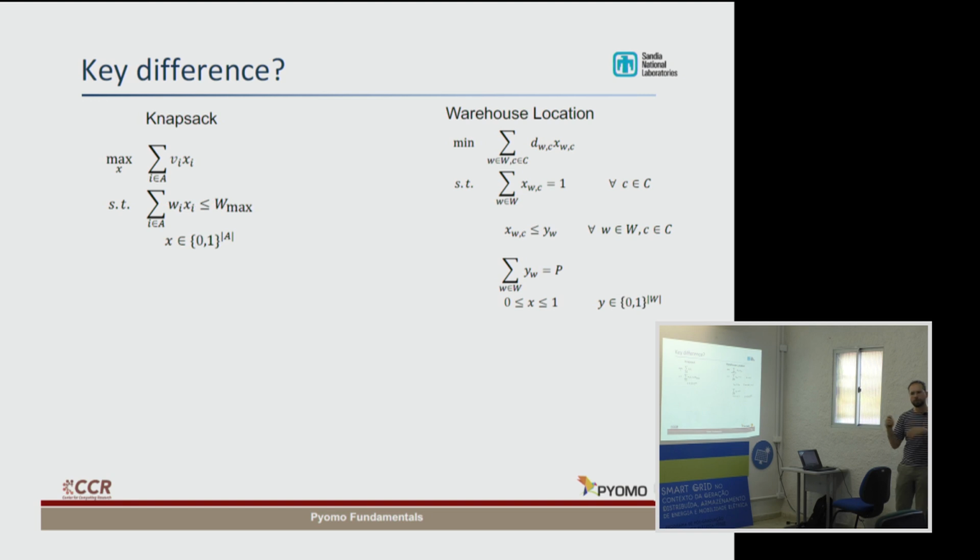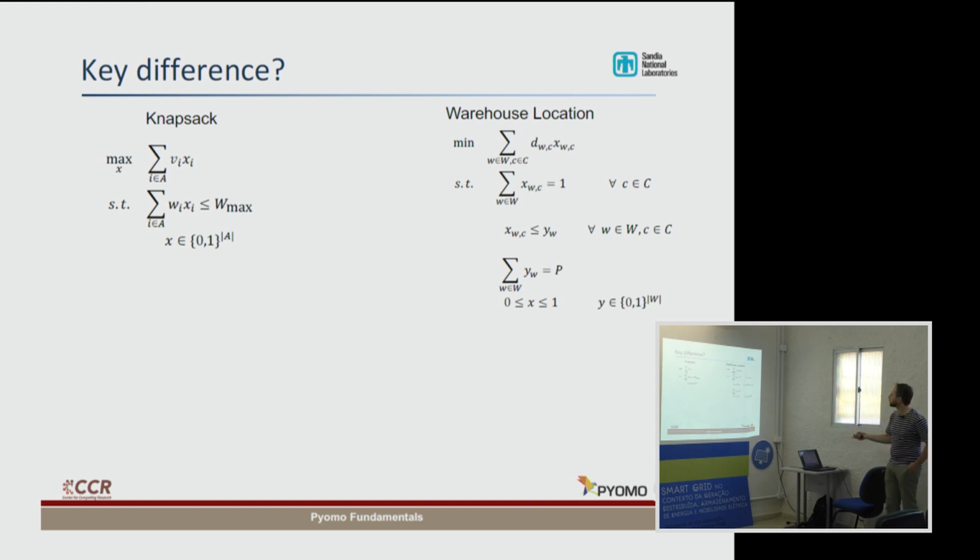So what's the key difference between the thief problem, or the snapshot problem? Here we have a sum over 2 indexes, so it's a little bit more complex. It's a matrix instead of a vector. Here we have a sum of continuous variables, so the optimization variables are both binary and continuous, whereas before we had only binary variables.